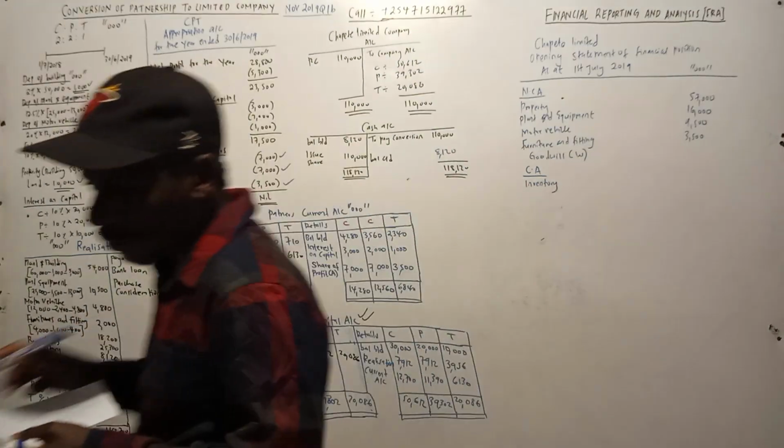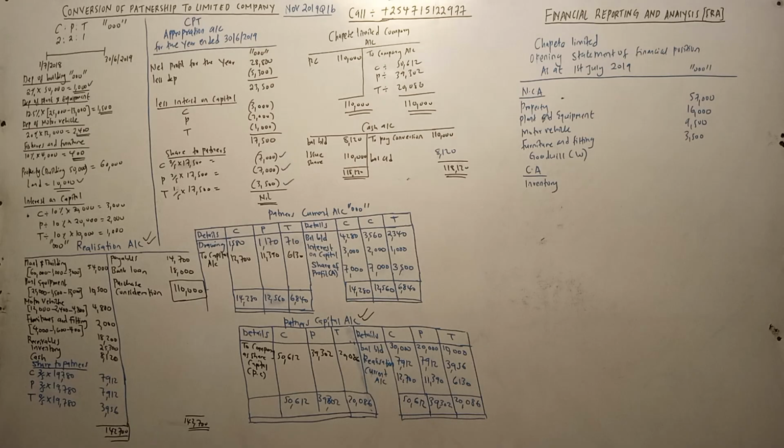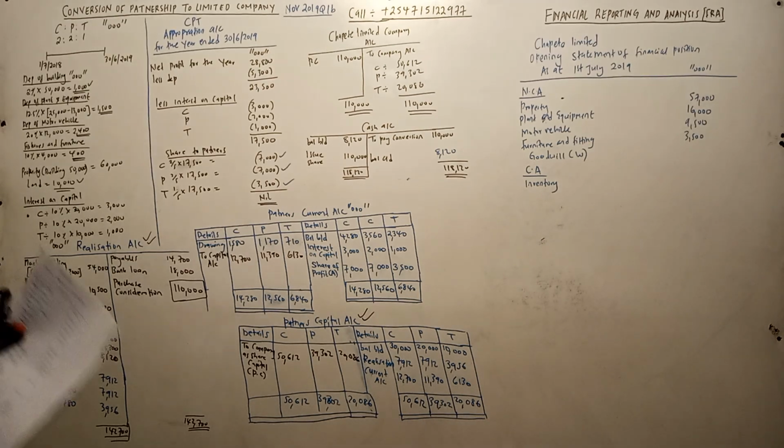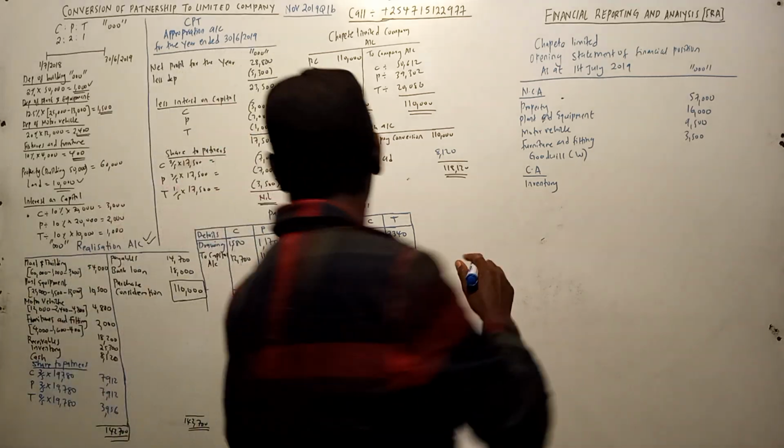Now in inventory, what they are saying, information number 4, the current assets and liabilities were taken over by the company on their net book value. So all the current assets and current liabilities were taken over on their net book value. So what was the net book value?